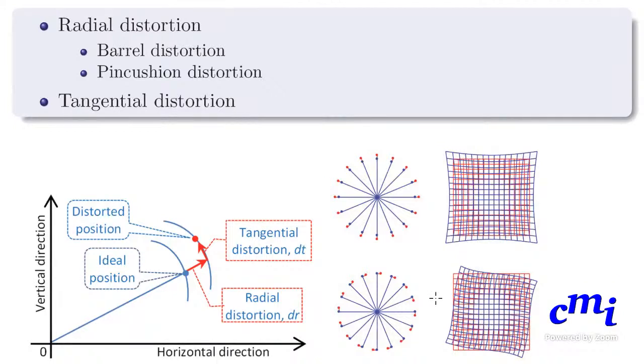And this could go the other way also, where the red points would be on the west side, and then the image would be tilted a little bit to the left. This is what is called tangential distortion.